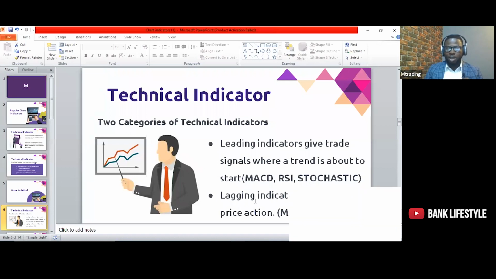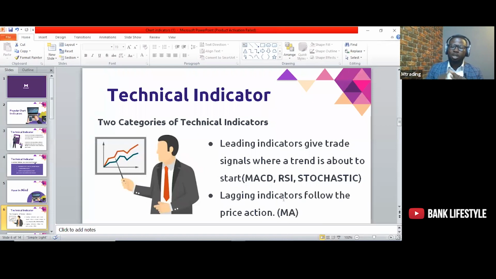We also have the lagging indicators. Those lagging indicators don't really look into the future, but they move along with the price. An example of a lagging indicator can be the moving average, or the MA. We also have other ones like the Awesome oscillator.